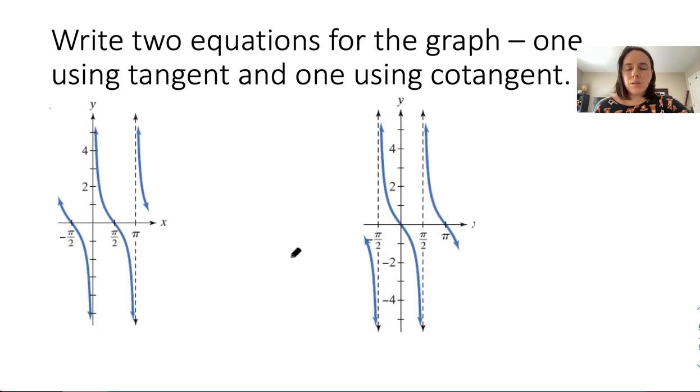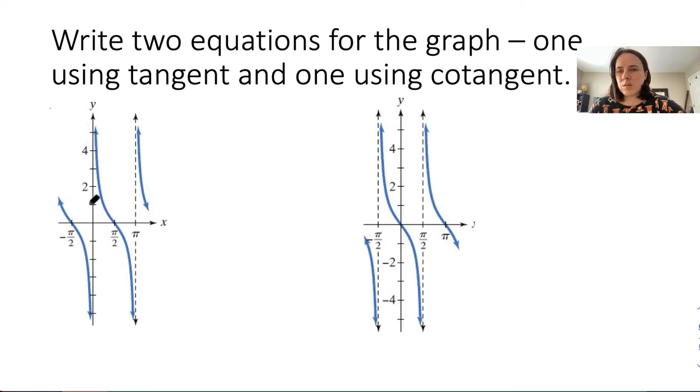All right, we can also do some fun things with our cofunctions. In this case, we want to use tangent and cotangent to figure out what these graphs look like. If we look at the one on the left, it looks awfully familiar to what we've already plotted before.